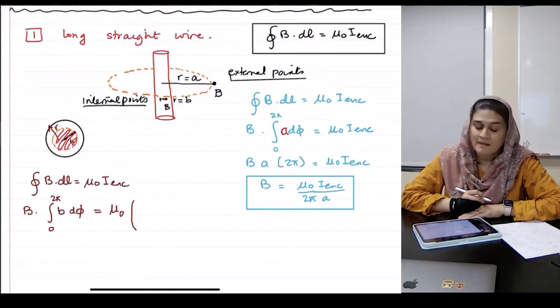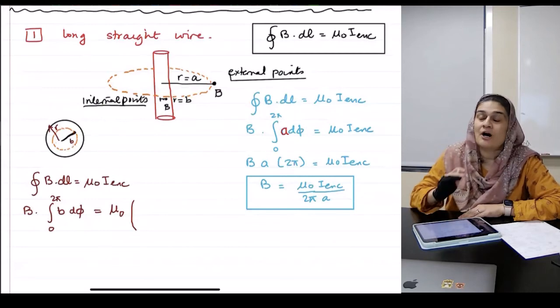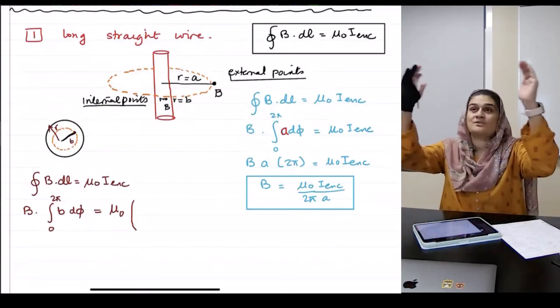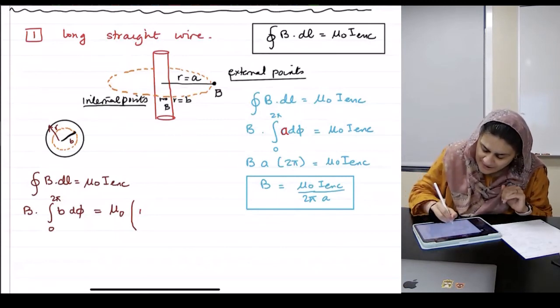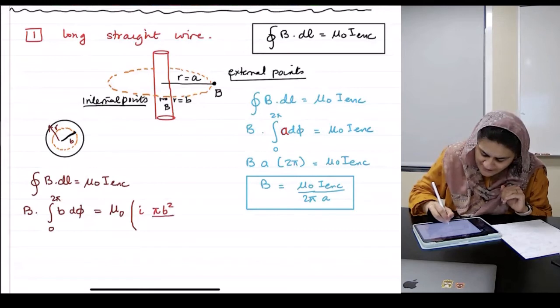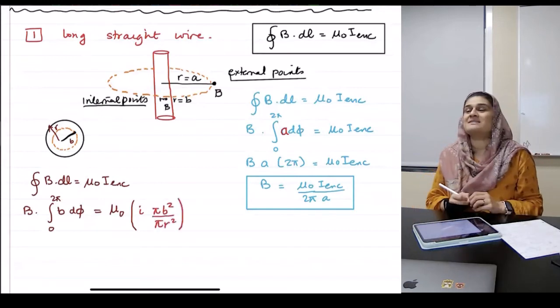Agreed? What percentage of that is as compared to the whole? May I write that as I pi b squared divided by pi r squared? Does that make sense?